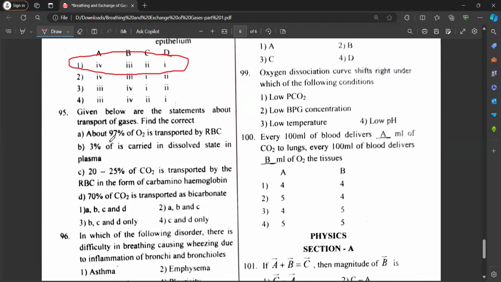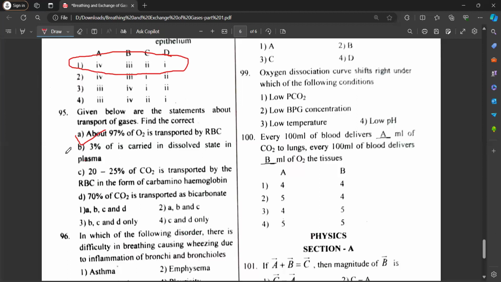Next. Given below are the statements about transport of gases. Find the correct one. About 97% of oxygen is transported by RBC. Yes, it is correct. 3% of oxygen is carried in dissolved state in plasma.